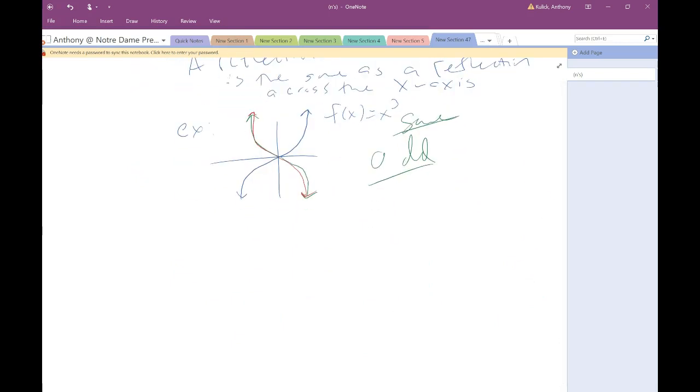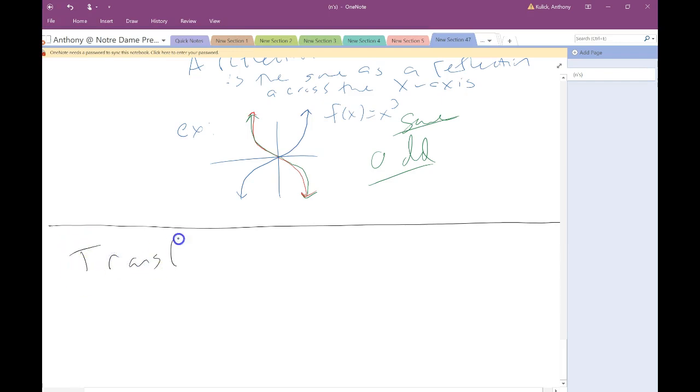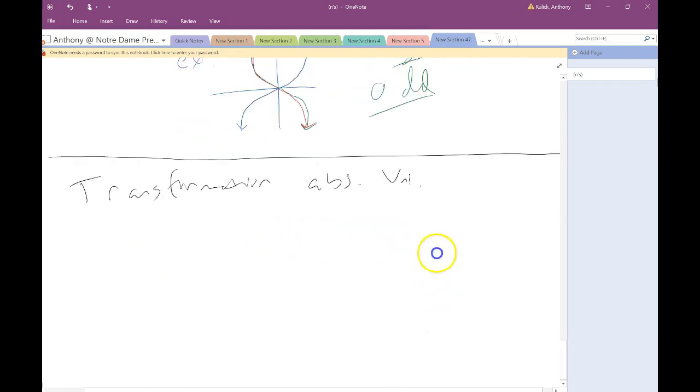Nathan? Yes. Could you write an absolute value function on the board and just talk through what it is? Oh, sure. Transformations of an absolute value function. Okay.